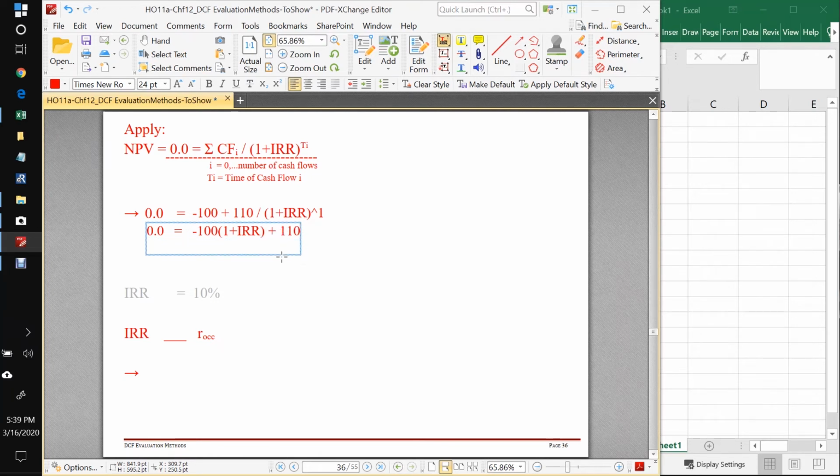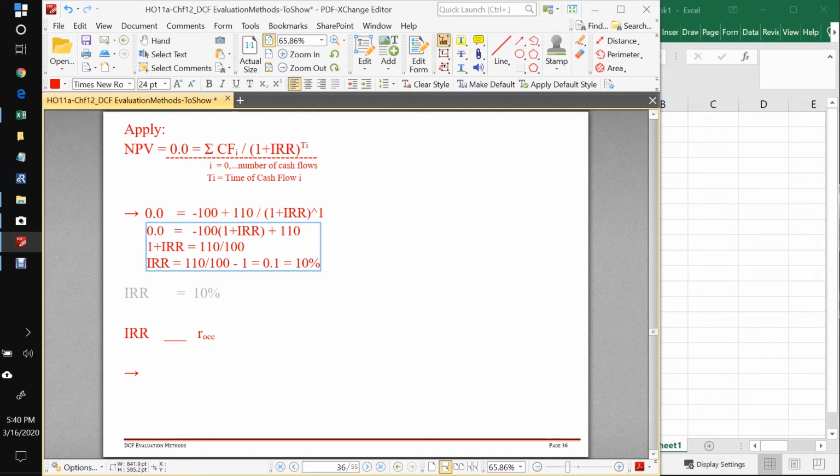We'll just go slow here, one step at a time. And now we're going to have our 1 plus IRR is equal to 110 over 100, and IRR is equal to 110 over 100 minus 1, and that's equal to 0.1, and that's equal to 10%. Okay, so that's pretty good here.